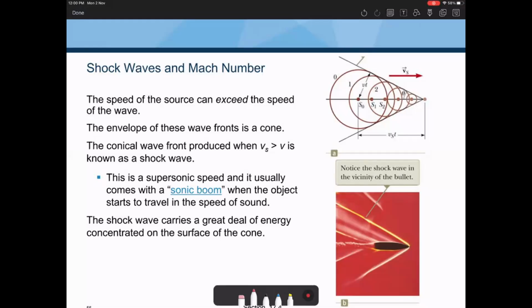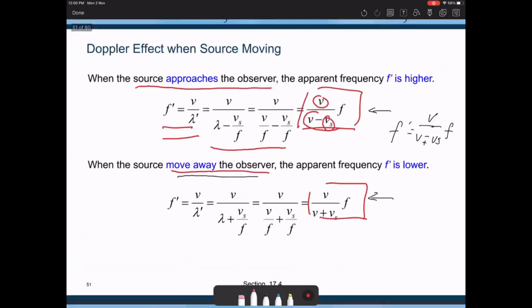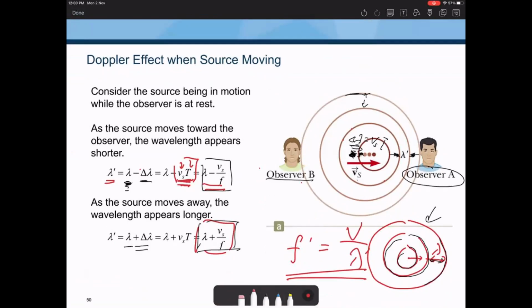In that situation, you would enter into something called the supersonic scenario, and it would come along with the phenomenon called a sonic boom. So rather than having the circles like the one here, for example, you would have one side of the waves that are compressed and the other side that is further away from each other.